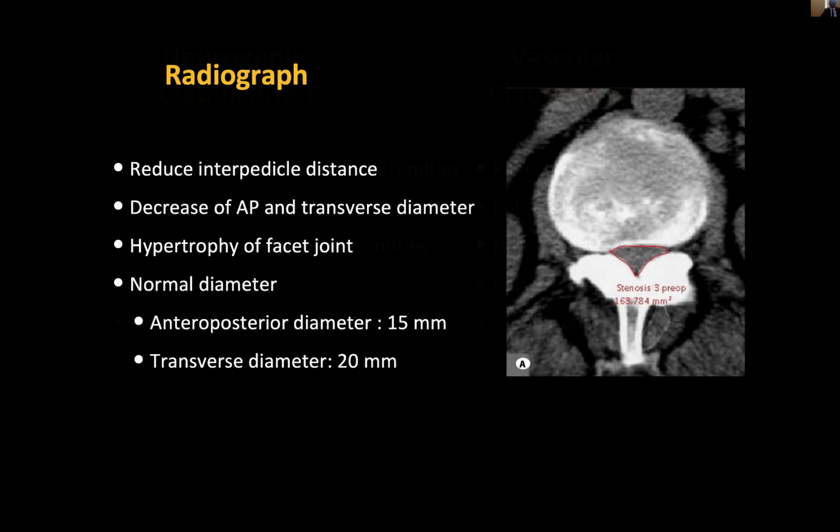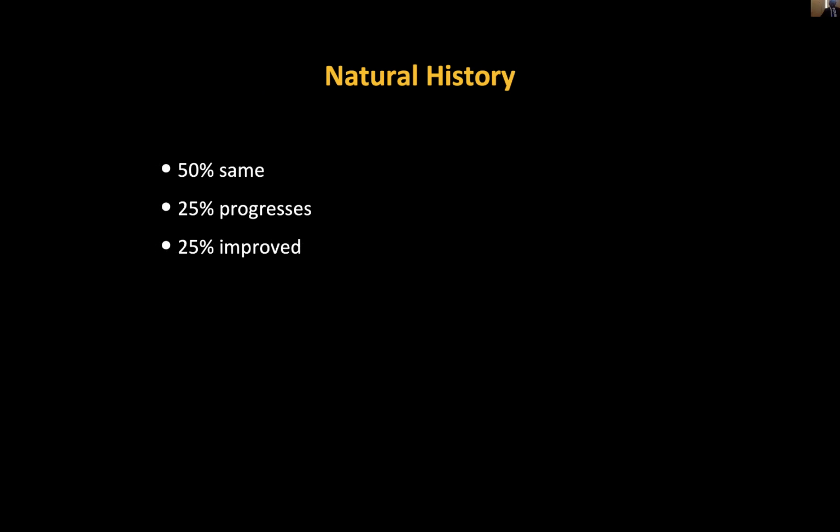If you look at the CTs, you may see the decrease of the AP and transverse diameter. You may see the hypertrophy of the facet joints there. In the natural history of spinal stenosis, most cases stay the same and some of them progress.